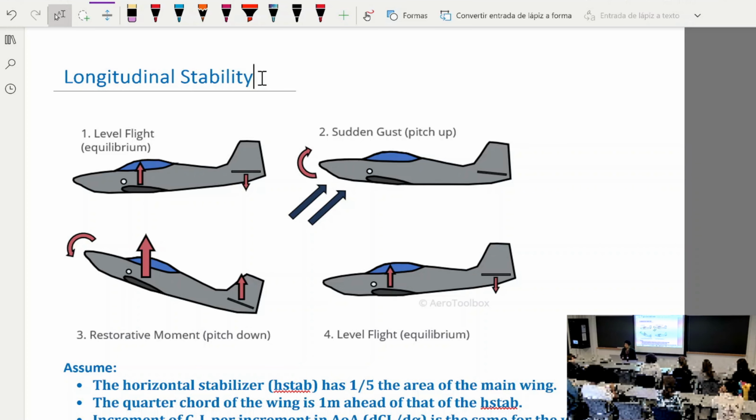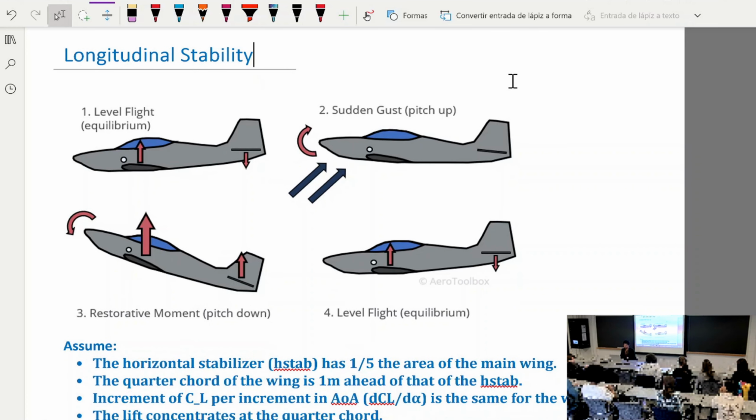Okay, so let me get something straight first. If you have a very lightly loaded airplane with a very high aspect ratio, the induced flow by definition is going to be very small. So in these cases, you can do pretty well on longitudinal and lateral stability without considering induced flow.